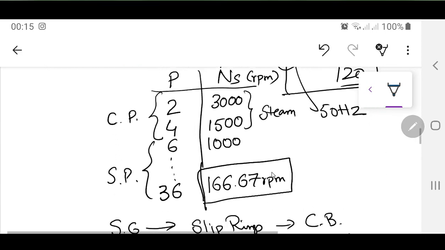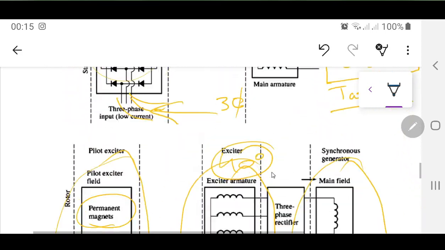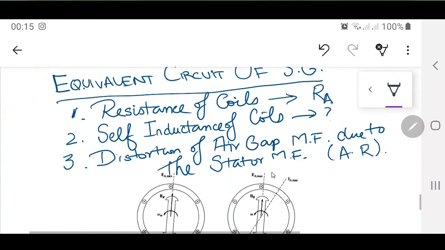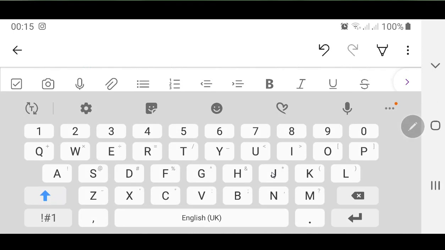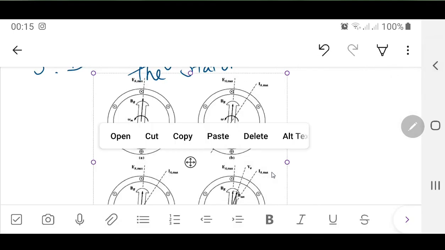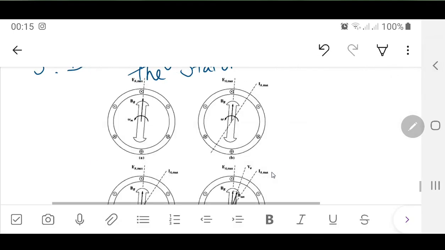Now before I move forward and we talk about this synchronous generator proof, this is actually the same picture I have over here. I've taken this one from the book.